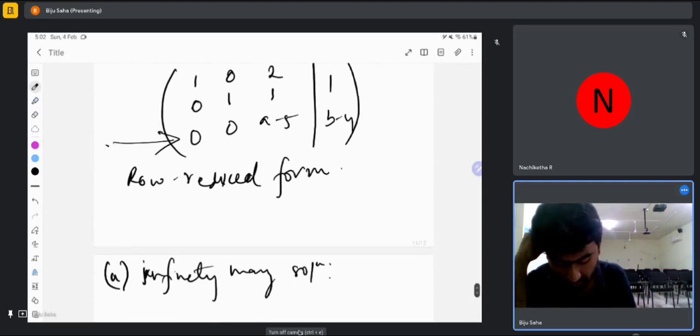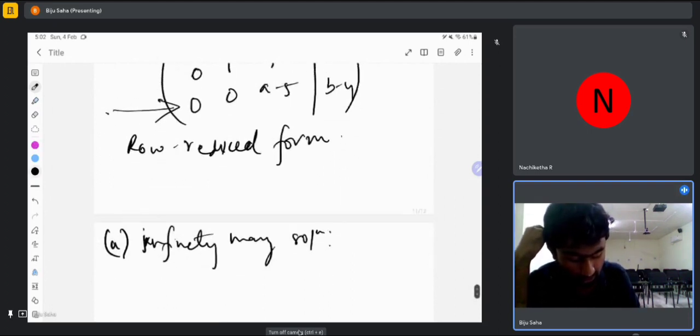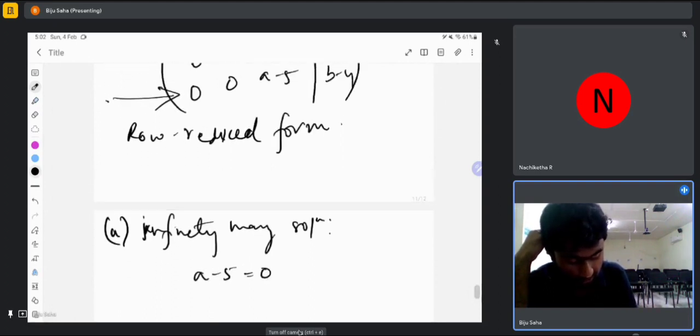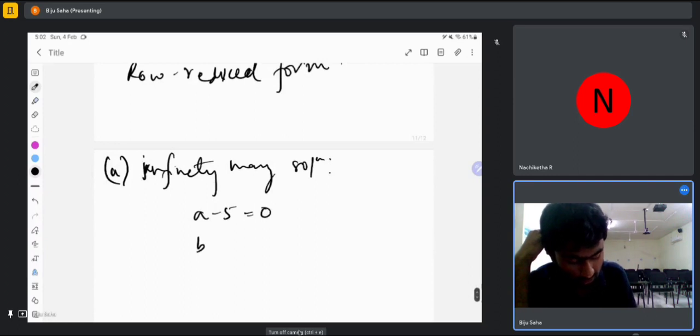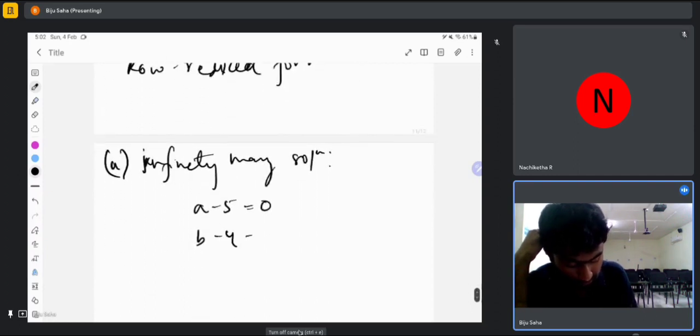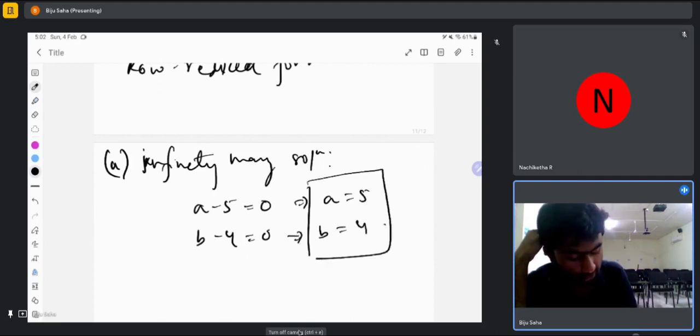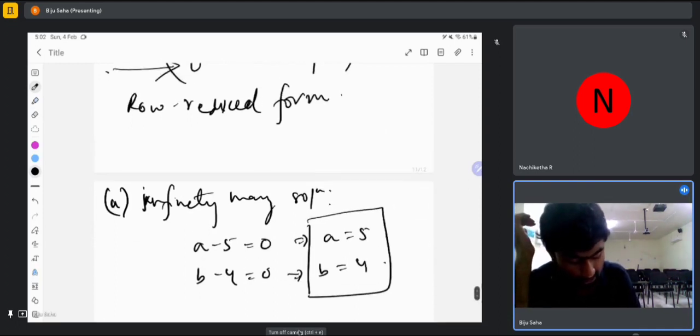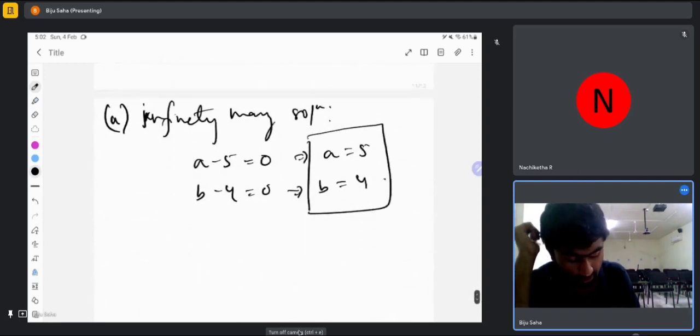So to have infinitely many solutions, we should have the third row equal to 0, that is a minus 5 equal to 0, and also b minus 4 equal to 0. So these are the values of a and b that would say that the system would have infinitely many solutions.